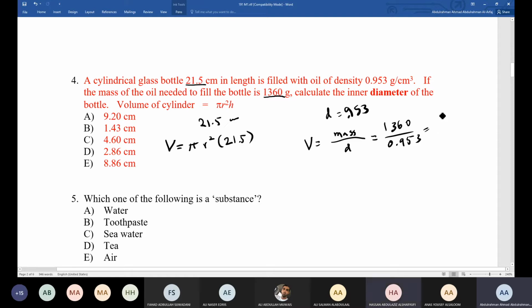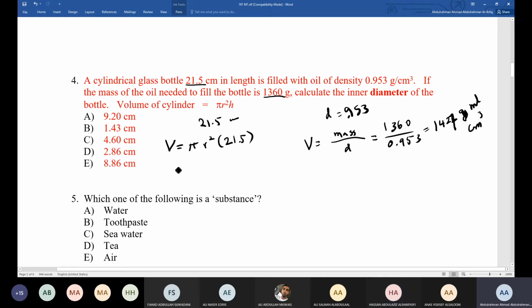Did anybody calculate it? 1,427. 1,427 centimeter cube, or milliliter. Right?